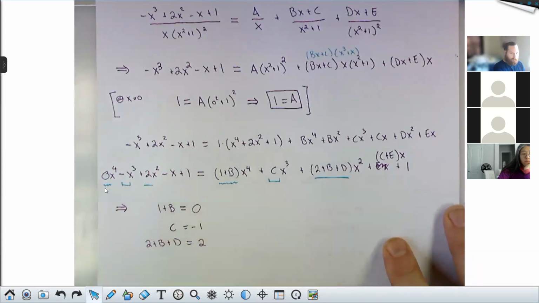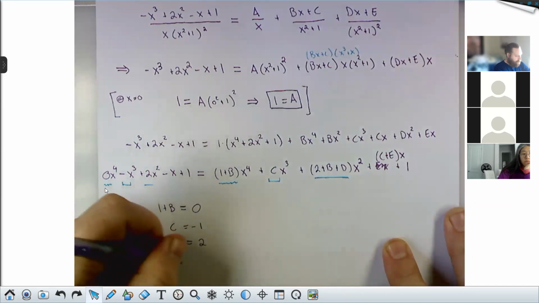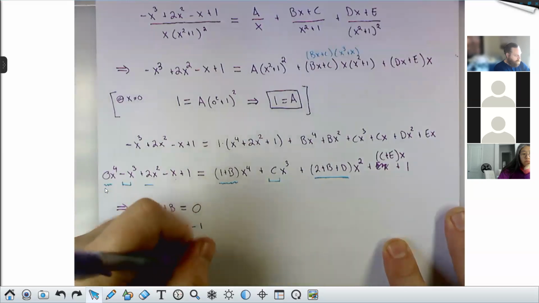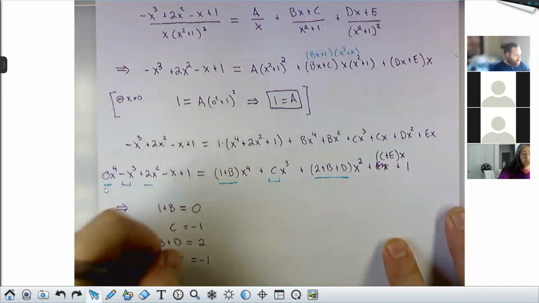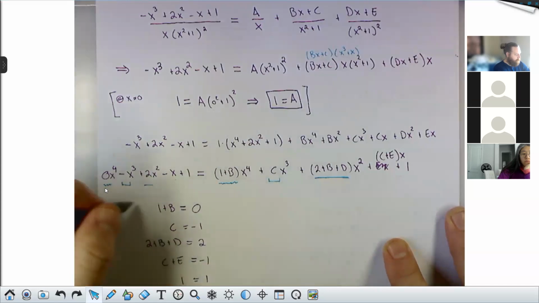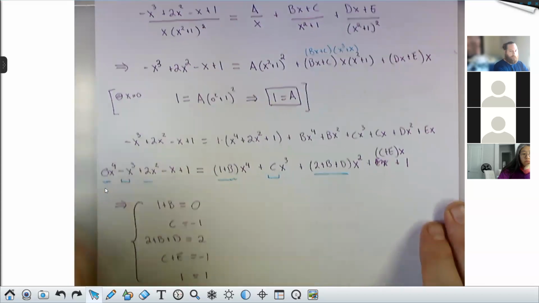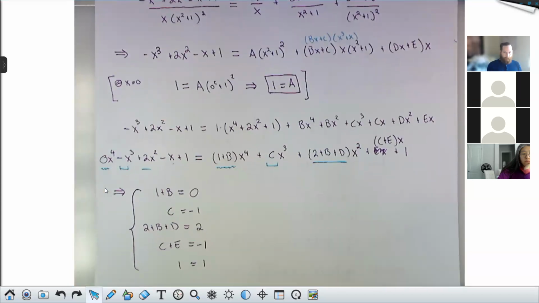Then the x's, I have c plus e. And over here, I have a -1. And then the constants, I have 1 equals 1.